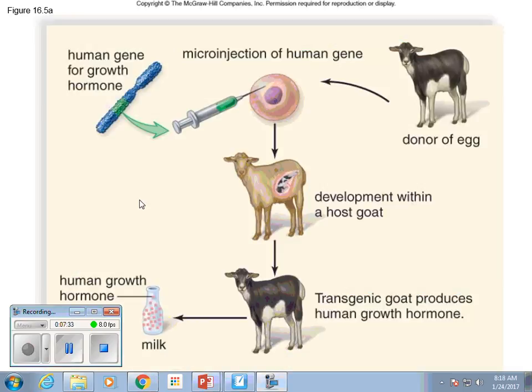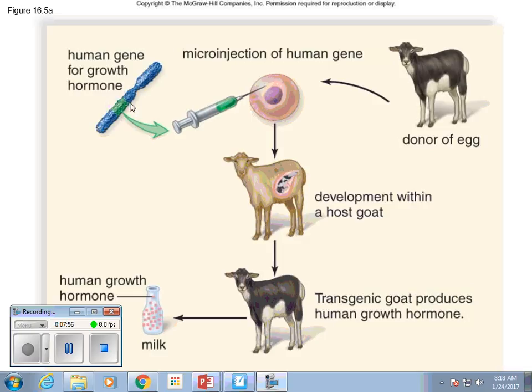I'm moving over to page 34, and I want to talk about products made through biotechnology. What we have here in this picture is we have found how to take a gene for the human growth hormone.